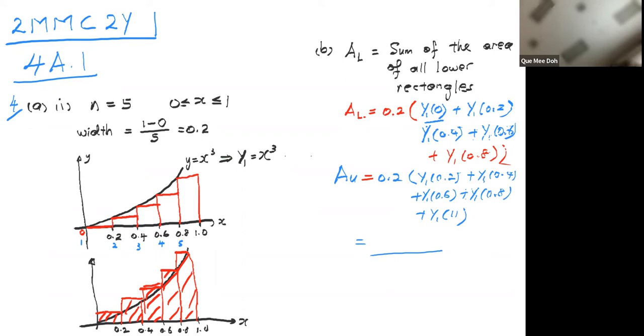The way to draw upper rectangles and lower rectangles is very simple. You determine the width, then you determine which side you must take, then draw a proper rectangle.